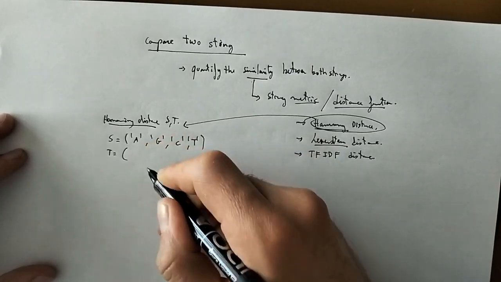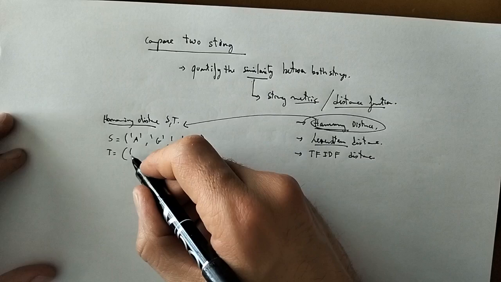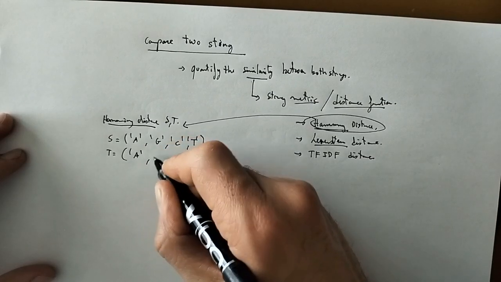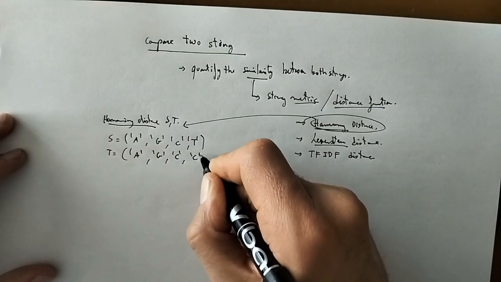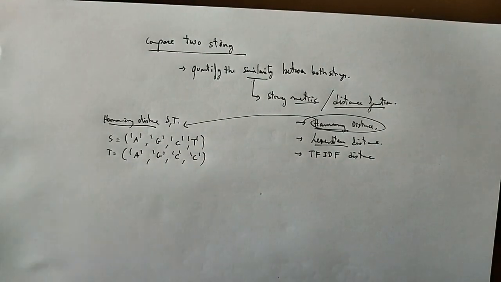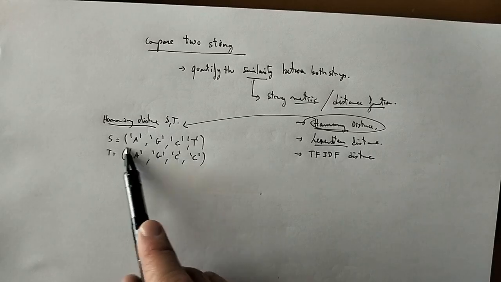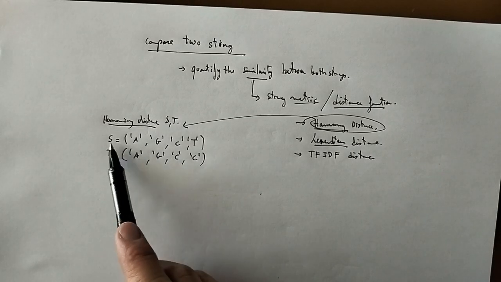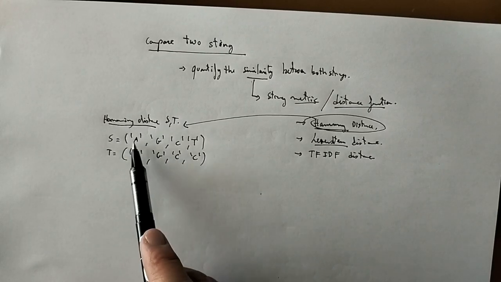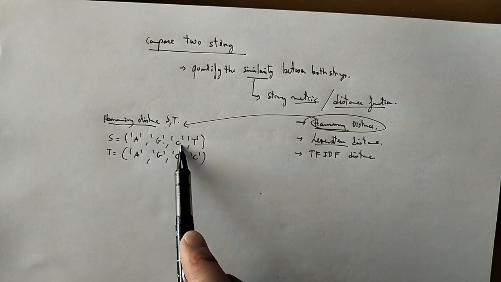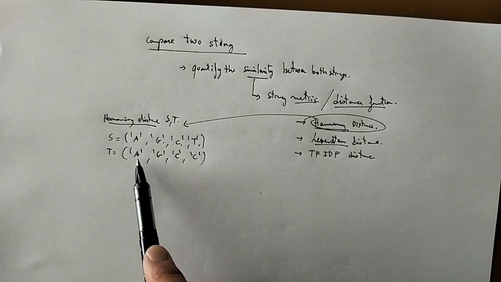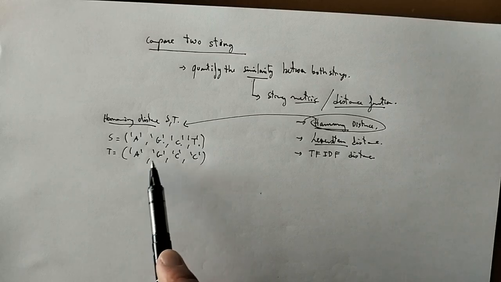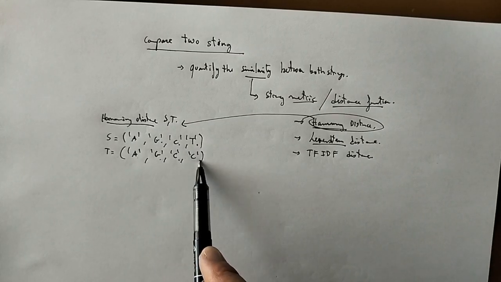So this is for S, and for T we have this other string. Okay. What you can see here is that the strings should have the same size. So S is a string of size 4 with characters A, G, C, T, and T is a string with 4 characters as well, with characters A, G, C, C.